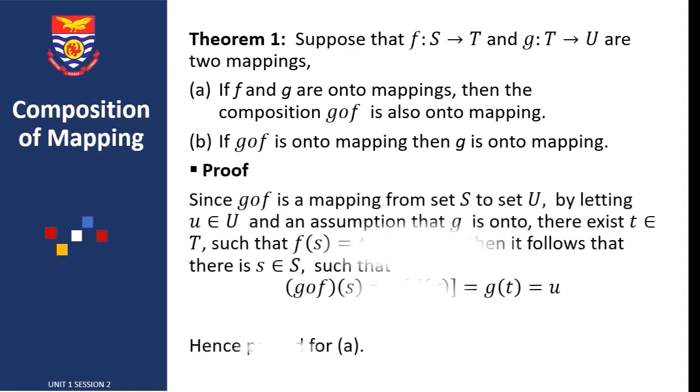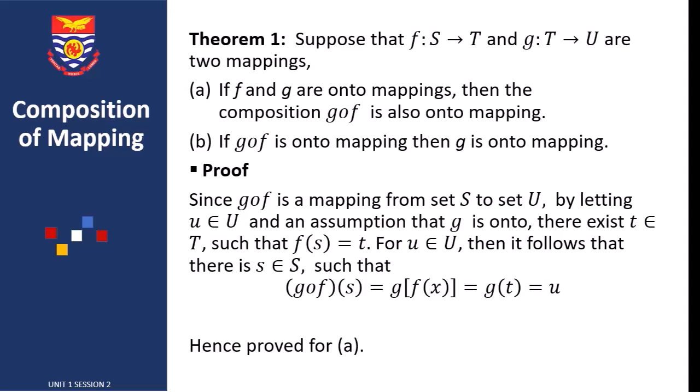Okay, so since g of f is a mapping from set X to set U, let small u be a member of U. Then, on the assumption that g is an onto mapping, there is a t, also a member of the capital T, such that g of t equals u.